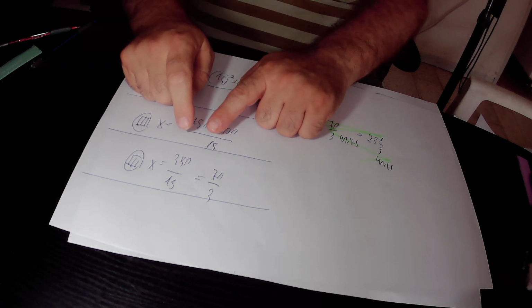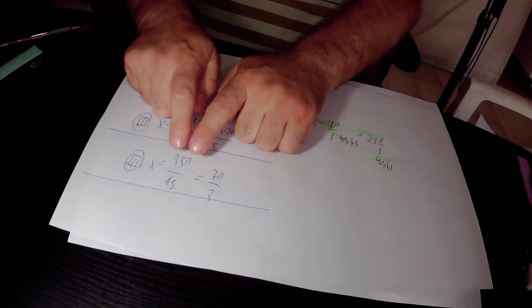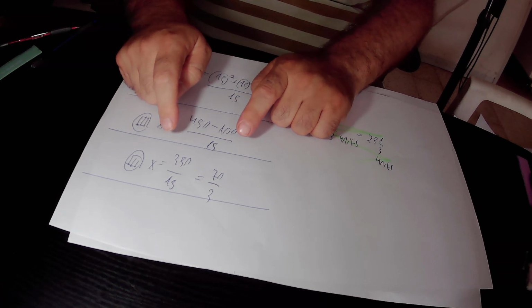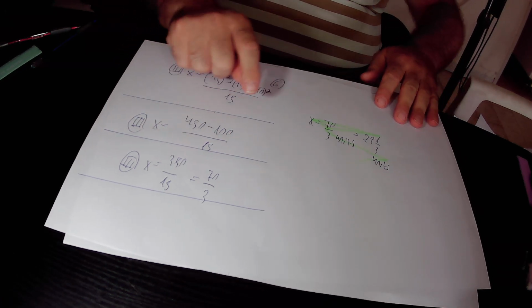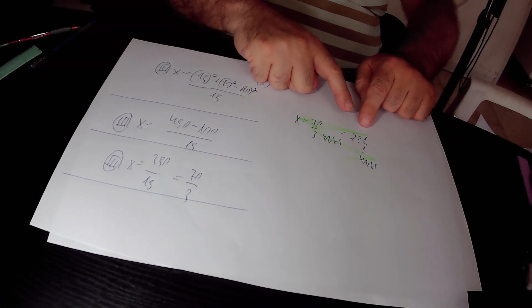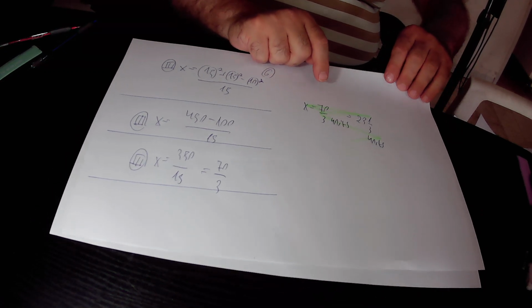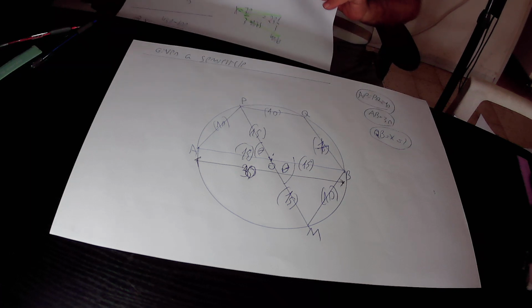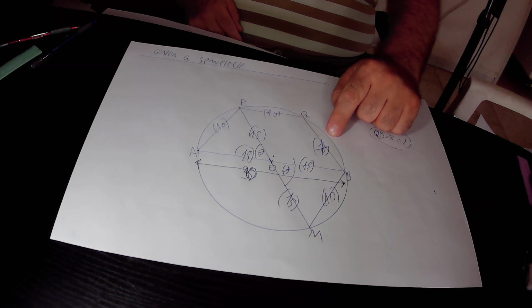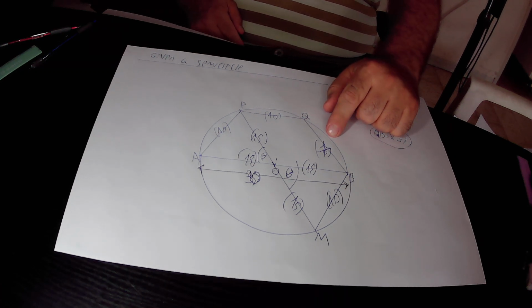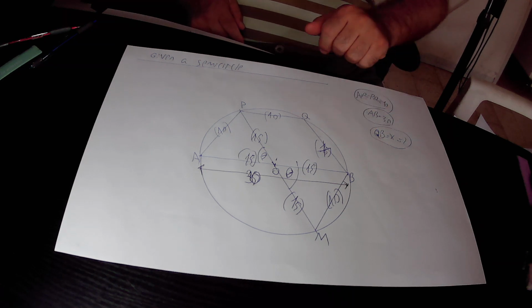So 350 over 5 is 70, and 15 over 5 is 3. So x equals 70 over 3 units, which is 23 and a third. So the length of the line segment QB is equal to x, which is either 70 over 3 units, or 23 and a third units in length. Okay, thank you very much.